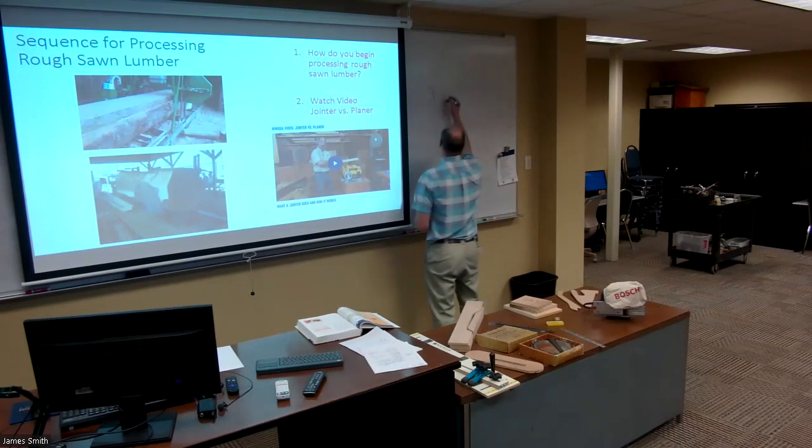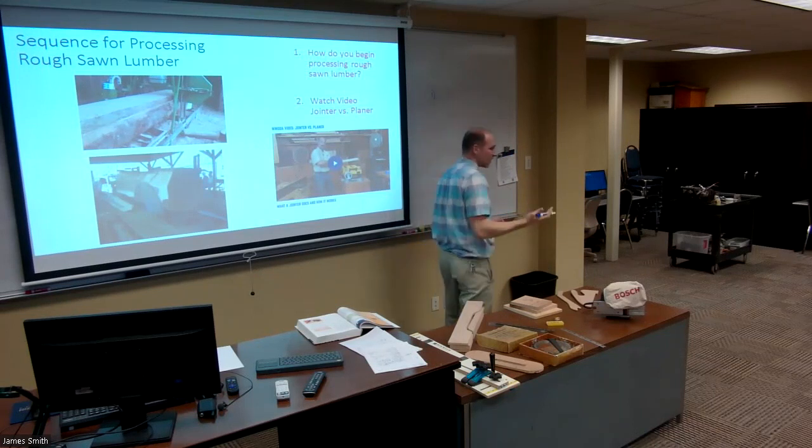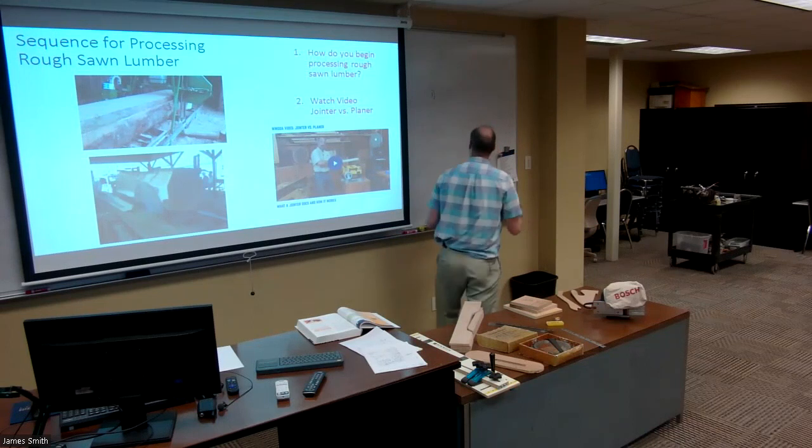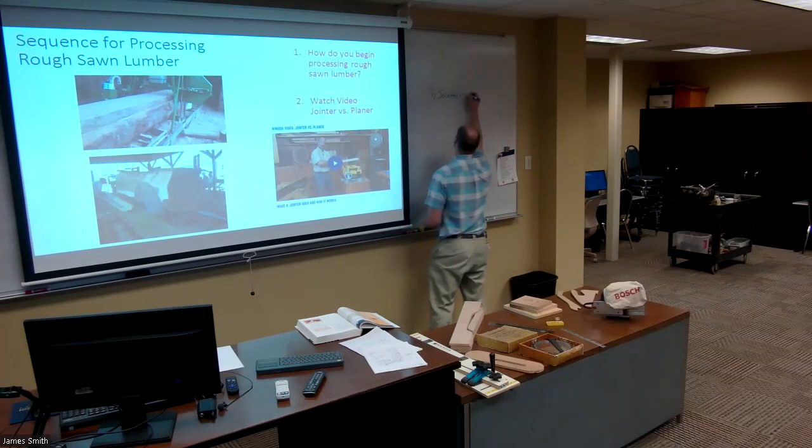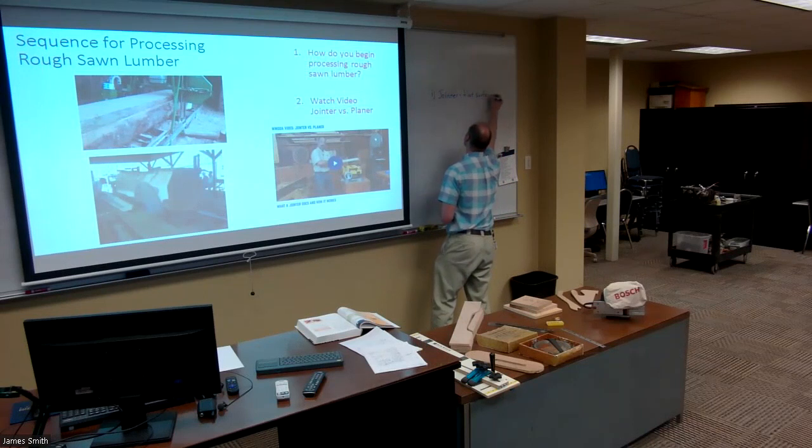The first thing you've got to do, and these are kind of interchangeable, I guess I would start with getting a flat surface. There's a couple of machines that you can use to get a flat surface, but we'll say joint. We're going to use the jointer to create a flat surface. That's the first thing.